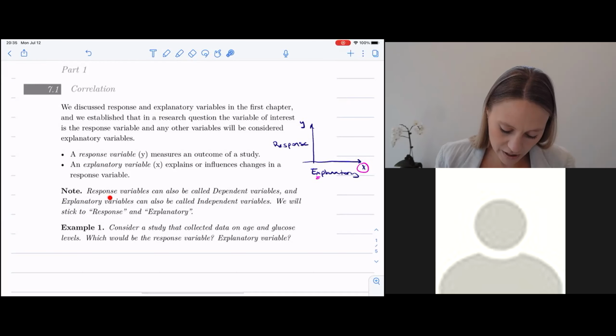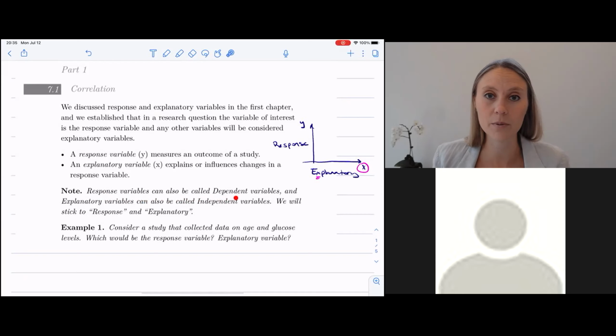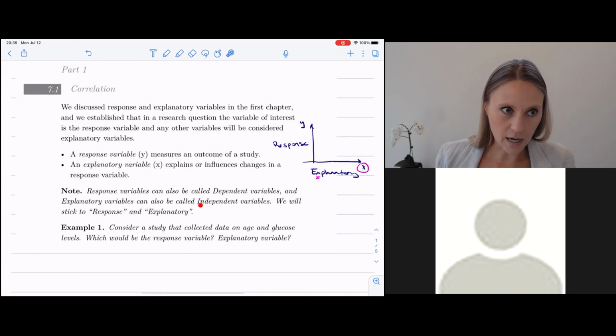But I mentioned it before, right? The response variable can also be called the dependent variable, and the explanatory variable could be called the independent variable. I'm going to try to stick to response and explanatory, but it helps if you're reading studies or other textbooks. They might use this terminology, and then you could just float between the two.